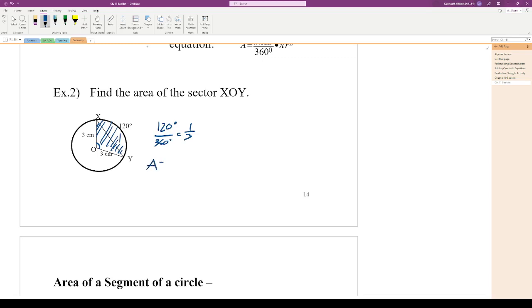So the area would be 1/3 times pi times our radius, which is 3 squared, which I'm going to write as 3 times 3. That way I can cancel out this 1/3 and this 3, and our area is just 3 pi. And we do have units, so 3 pi square centimeters.